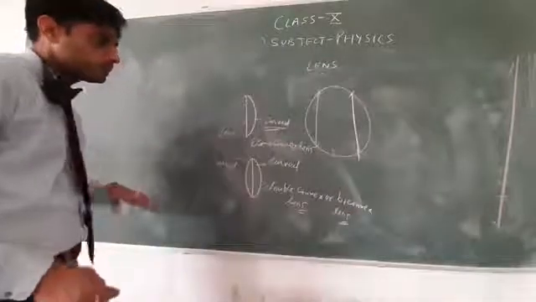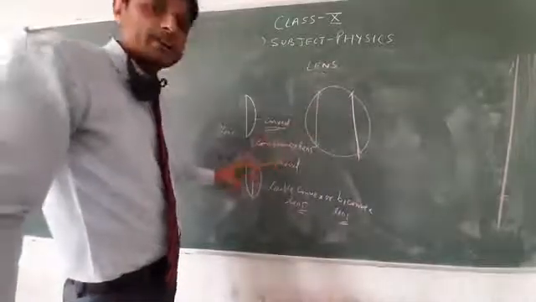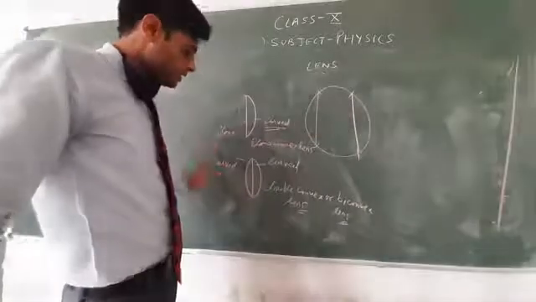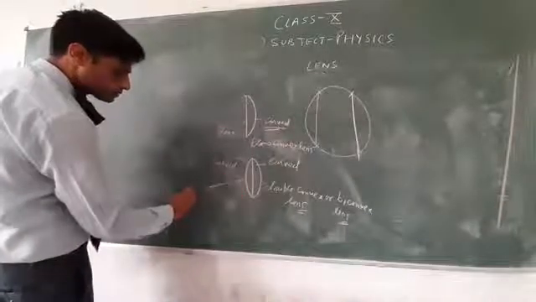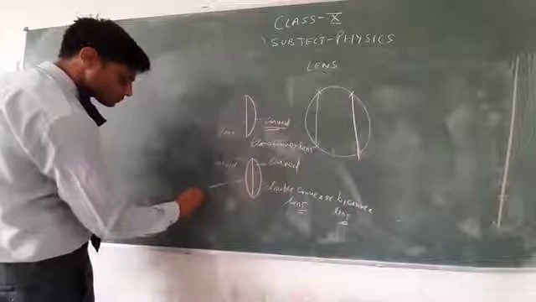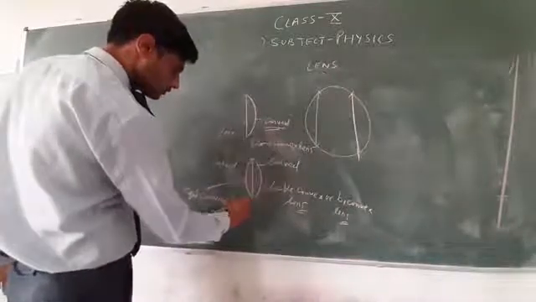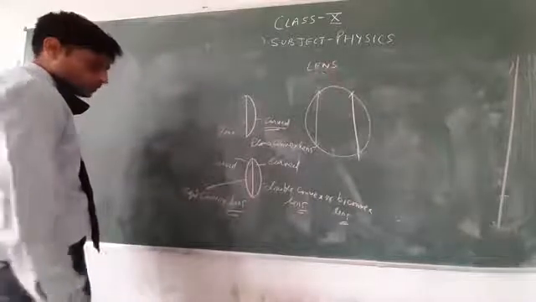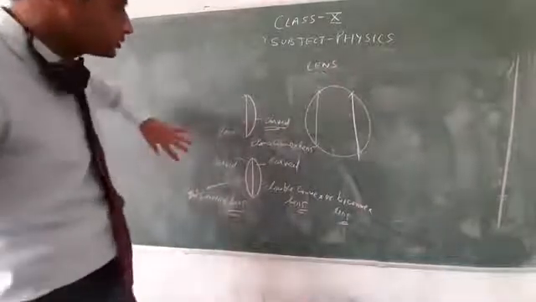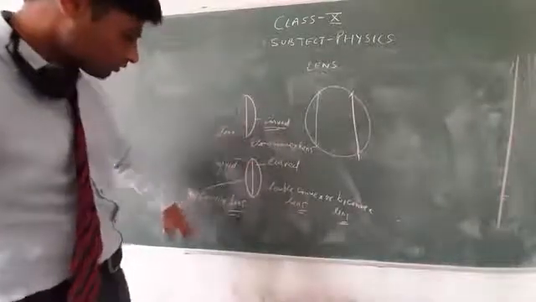Okay, and if the same sphere is used in formation of the convex lens, then this is known as an equiconvex lens. So I hope you understood about plano convex, double convex, and equiconvex.